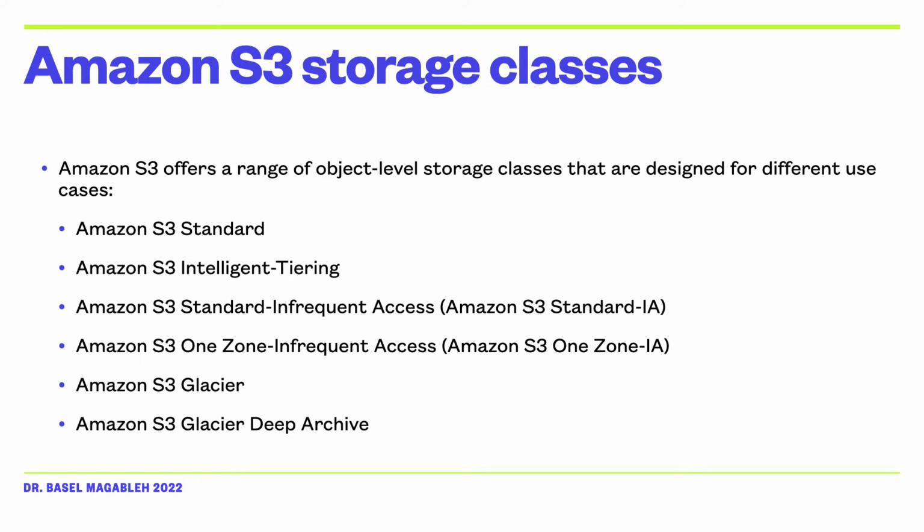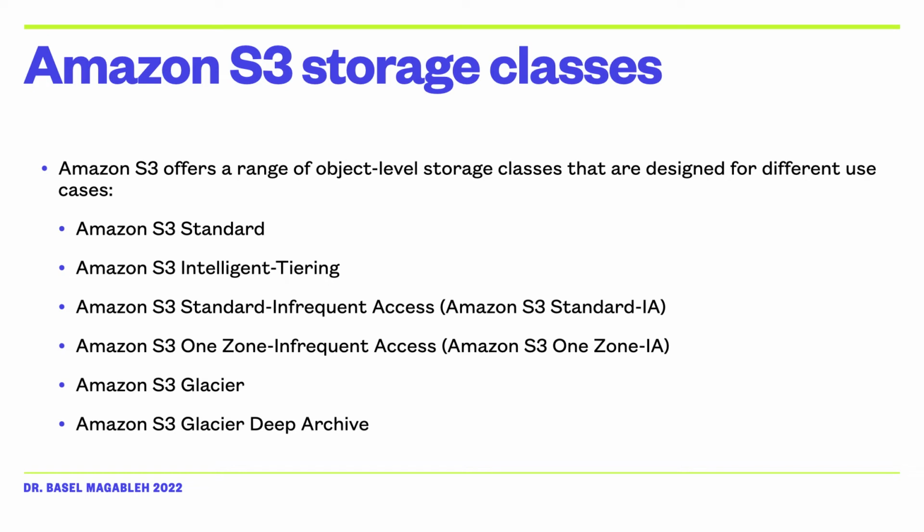For a small monthly monitoring and automation fee per object, Amazon S3 monitors access patterns of the objects in your Amazon S3 bucket and then moves them to the Intelligent-Tiering class. There are no retrieval fees when you use the Amazon S3 Intelligent-Tiering storage class, and no additional fees when objects are moved between access tiers. It works well for long-lived data with access patterns that are unknown or unpredictable.